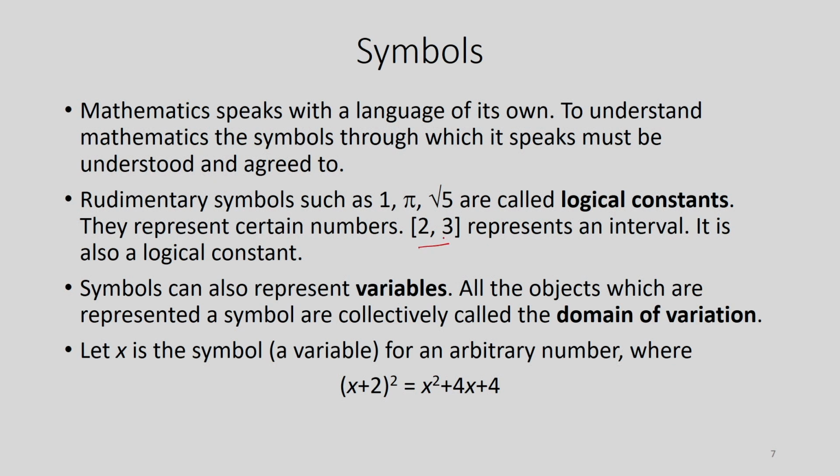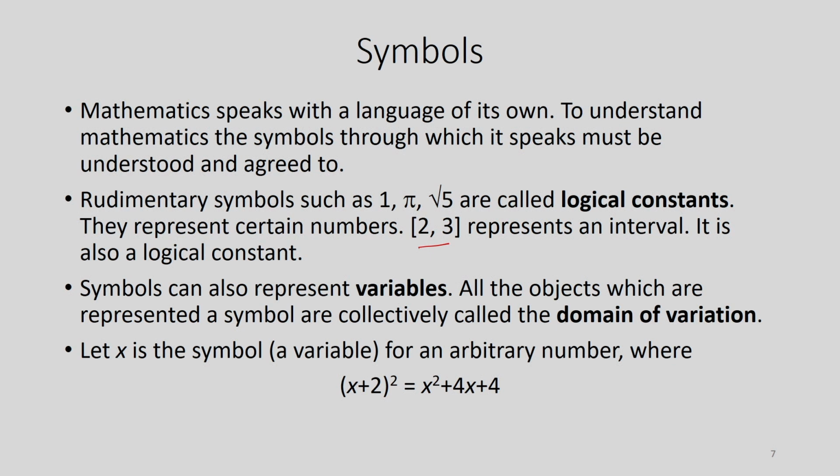Also take this: you have a bracket, and within the bracket you have 2 comma 3. What does it represent? It is an interval, but it is also a logical constant. It is like a number because it is representing a set of numbers only, nothing more than that. These things are logical constants, but symbols can be more than logical constants.